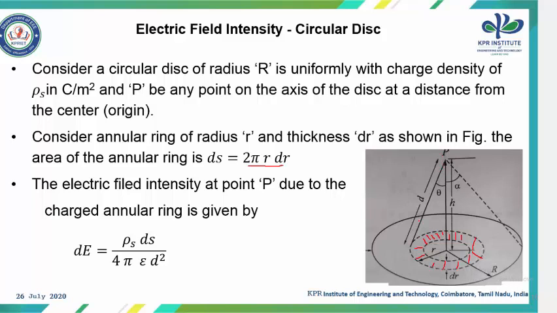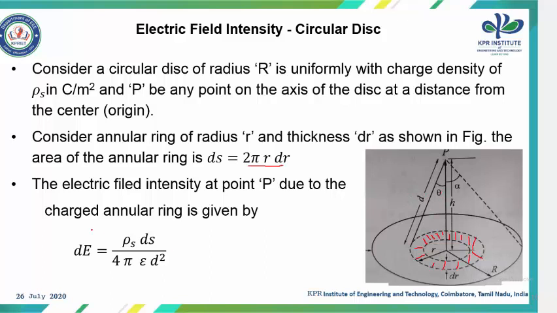From here to here this angle is theta. Then just imagine this outer edge of the disk making an angle, and that angle is alpha. The height between the circular ring and the point P is h. Now the distance between this ring and the point P is d.